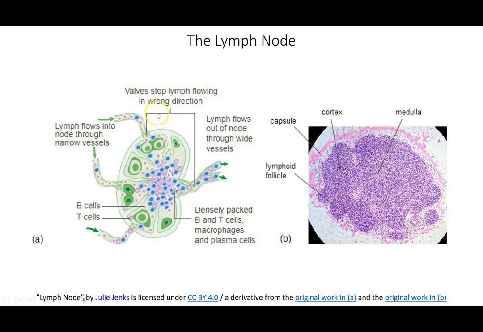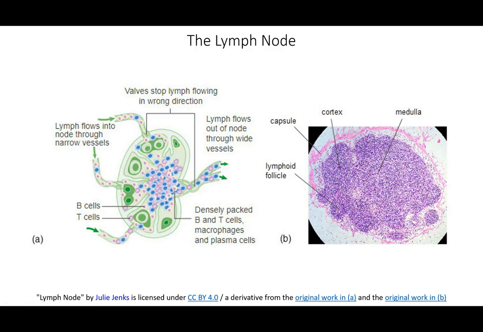They are compartmentalized, so we do have segments in them, which are extensions of that capsule. And then we have some other reticular fibers offering more structural support so that we can have space for all of these cells to exist and space for that fluid to continue getting in.